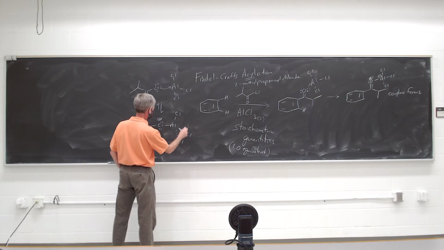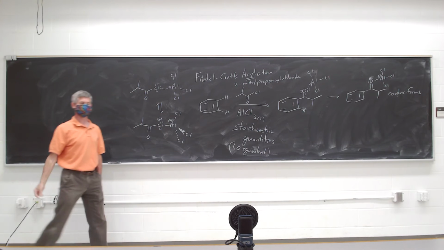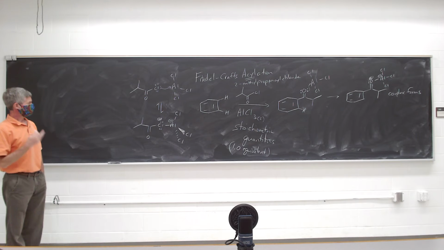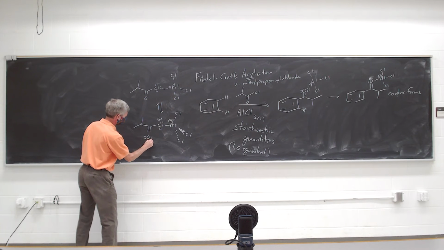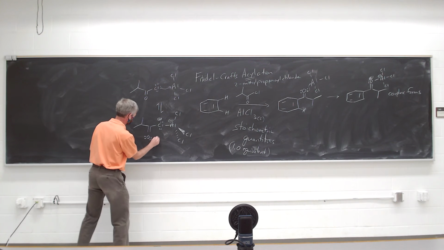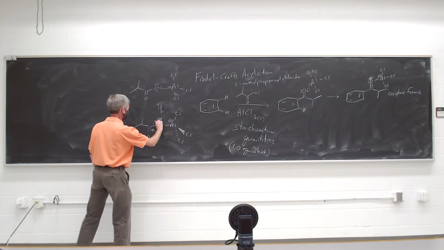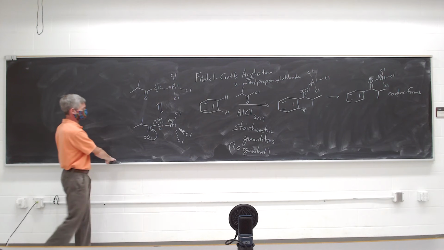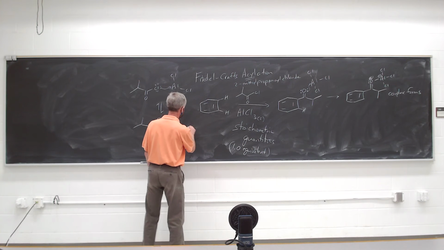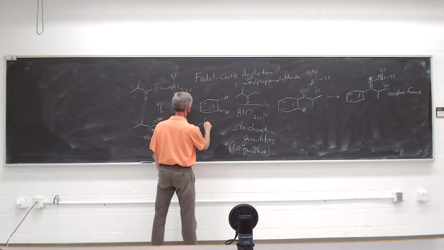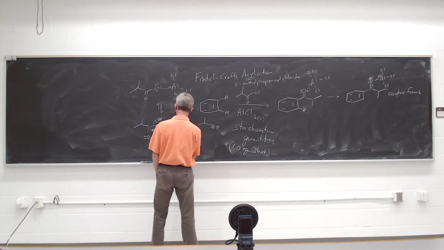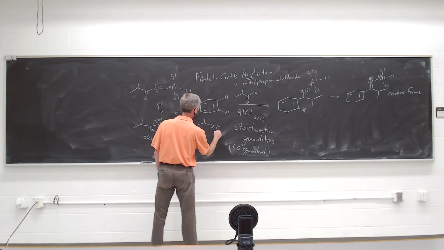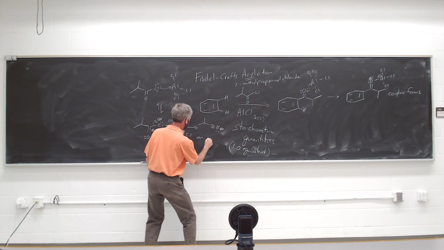I'm going to leave the other pairs off the other three chlorines since they don't matter. But in this case, because you have this oxygen present, tetrachloroaluminate can actually leave to generate the acylium ion.